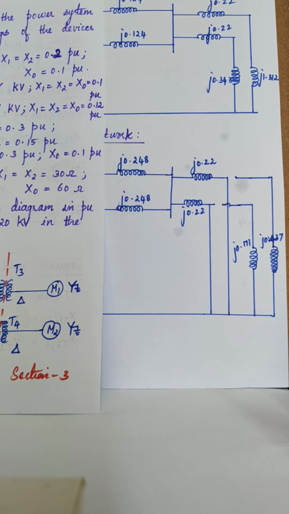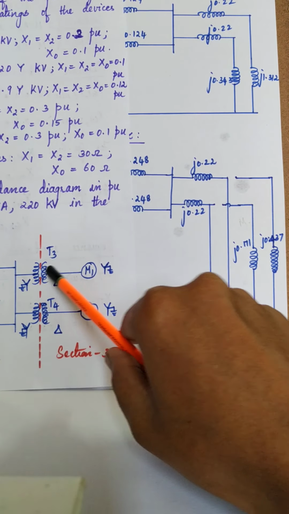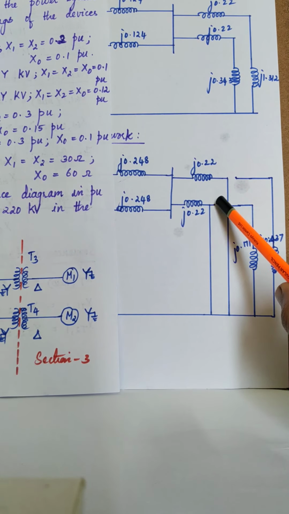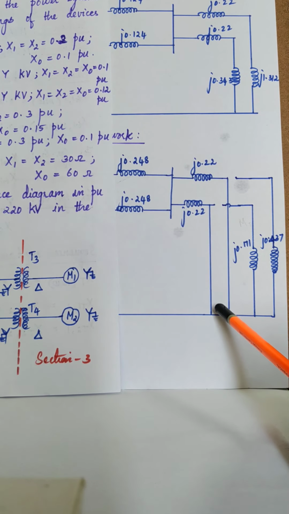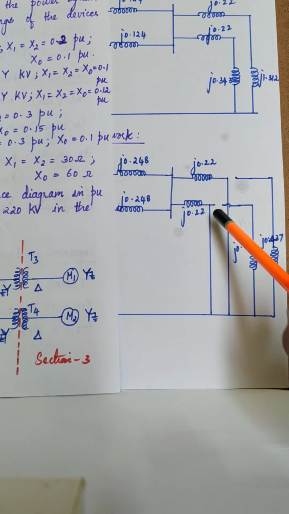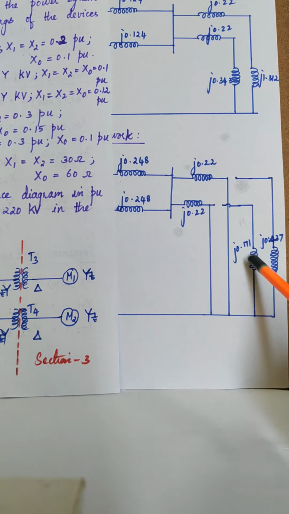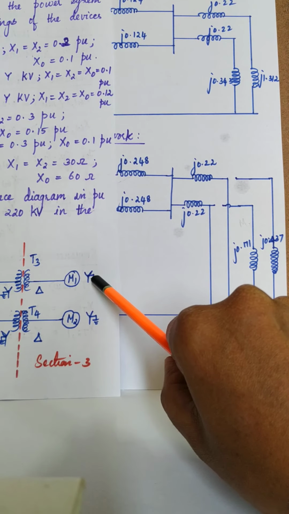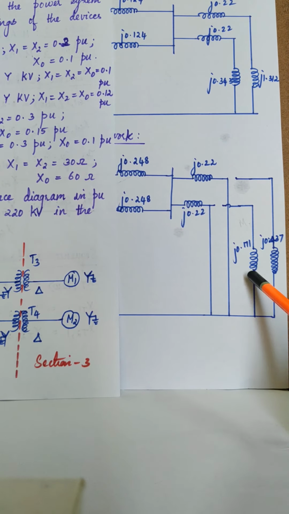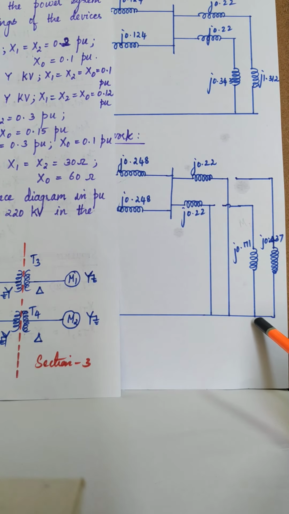The secondary side, the motor side, is delta connected, so open the series switch and close the shunt switch on the delta side. Then represent the motor zero sequence reactance. But look at the grounding of the star, it is solidly grounded. So close this path. Don't include 3Zn.